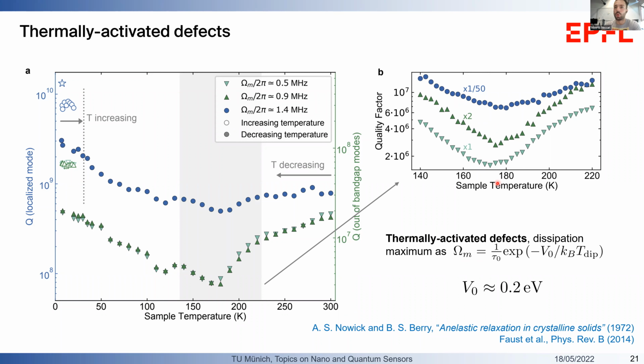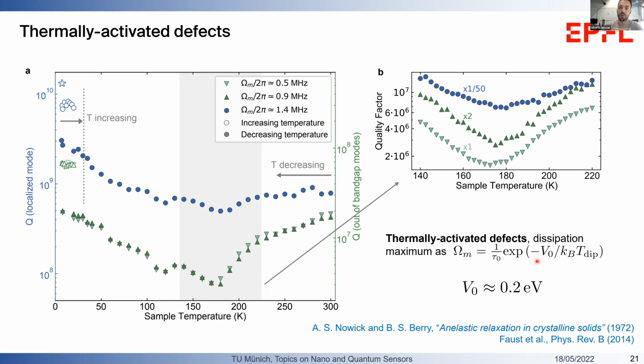This allowed us to conclude that this dissipation maximum is most likely related to the presence of thermally activated two-level defects. When the temperature is such that the relaxation rate between the two levels is equal to the mechanical frequency, you get a maximum of dissipation, and the strain field of the mechanical resonance interacts maximally with the two-level defect.